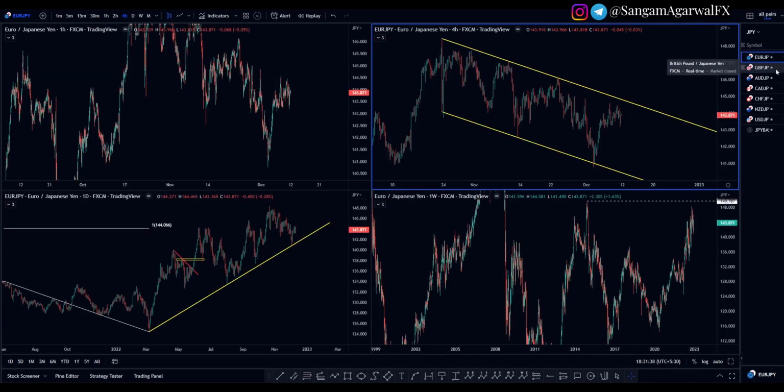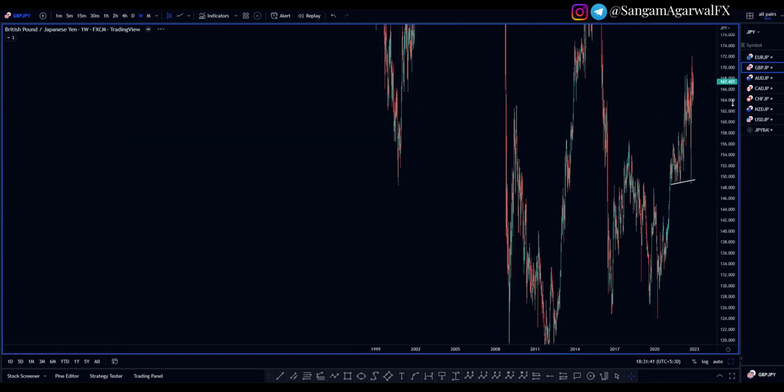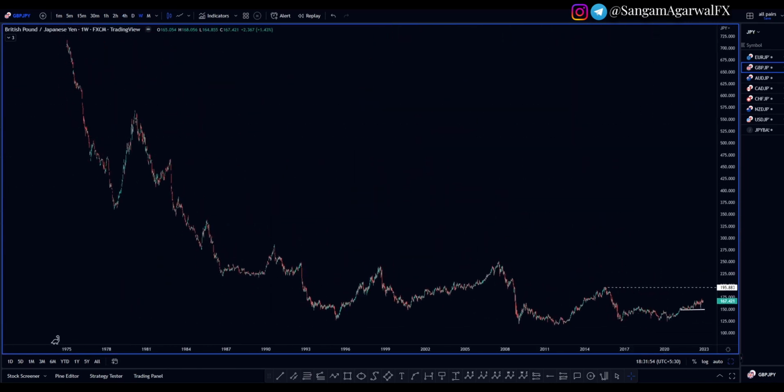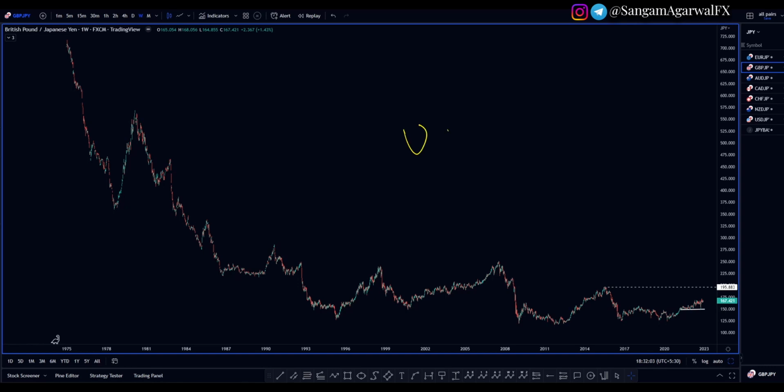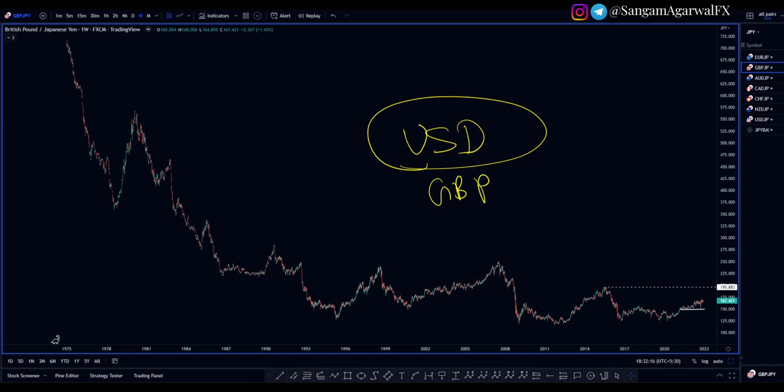And if we go to GBPJPY, then after this high it came down and now it is in a sideways correction, because right now the US dollar is the reserve currency, and the entire monetary system is based on this currency. But before the dollar, GBP was the reserve currency.